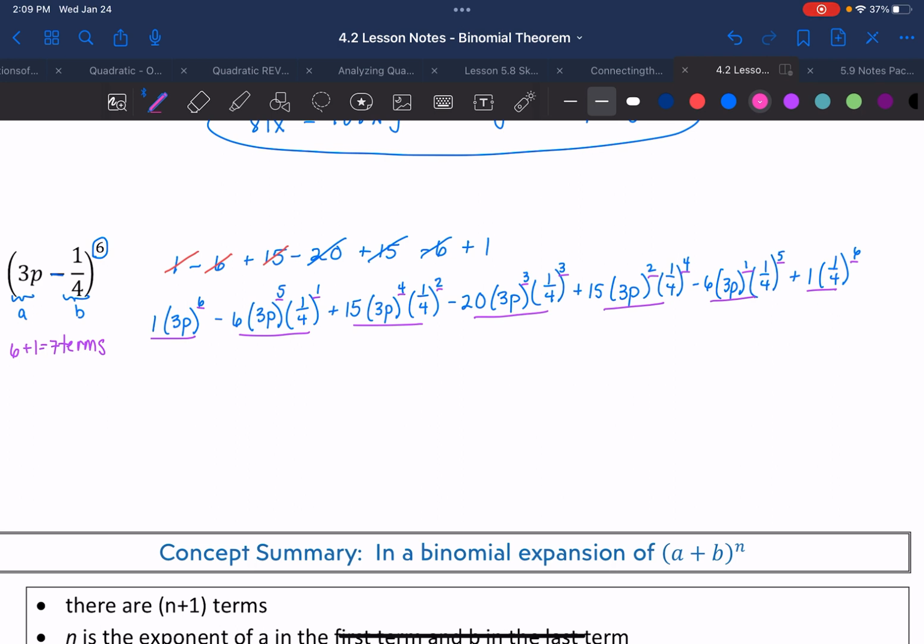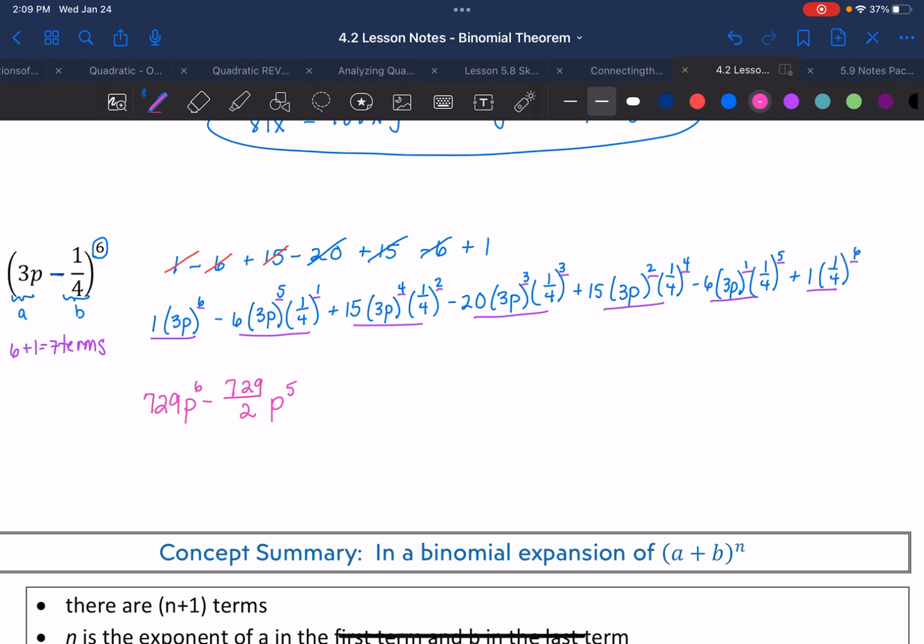So for my first term, I'm going to have 3 to the 6th power times 1, which gives me 729p. In the second problem, I'm going to have 3 to the 5th power times 6 times 1/4. Now I'm going to leave that in fraction form, and that's going to reduce to 729 halves, p to the 5th power.